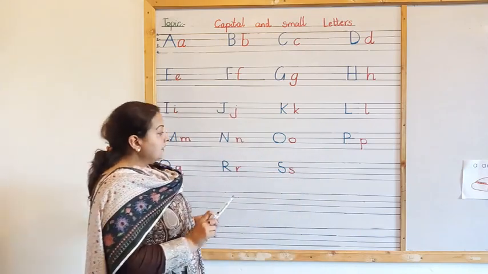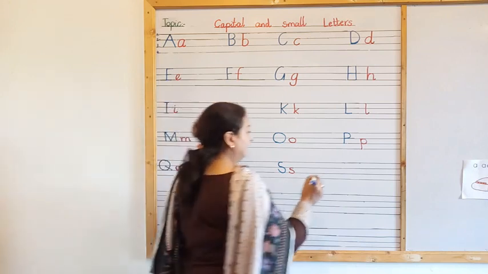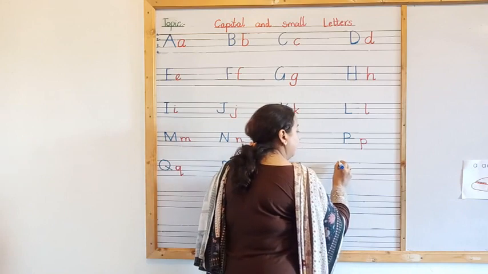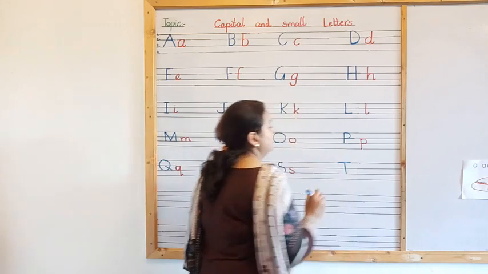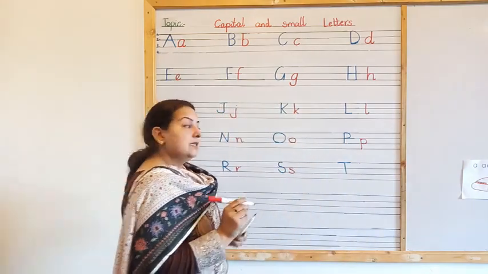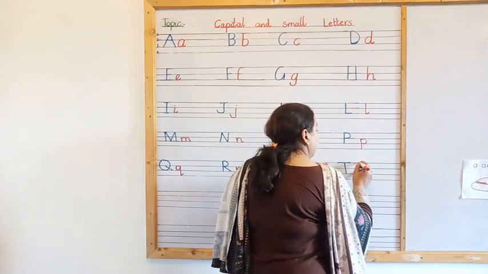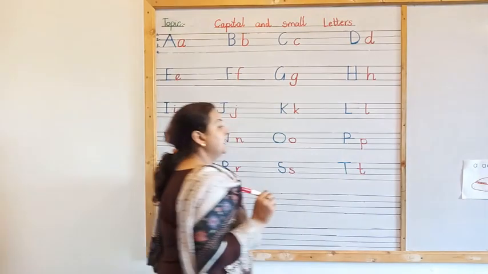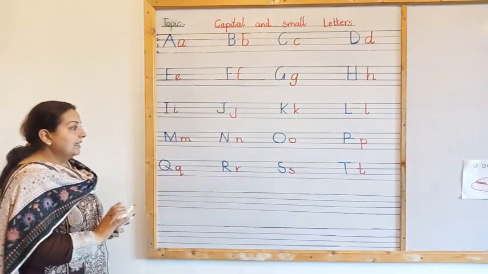Now what comes after S is T. Capital T in upper three lines, go down and across. And small t will also come in upper three lines. What comes after T?